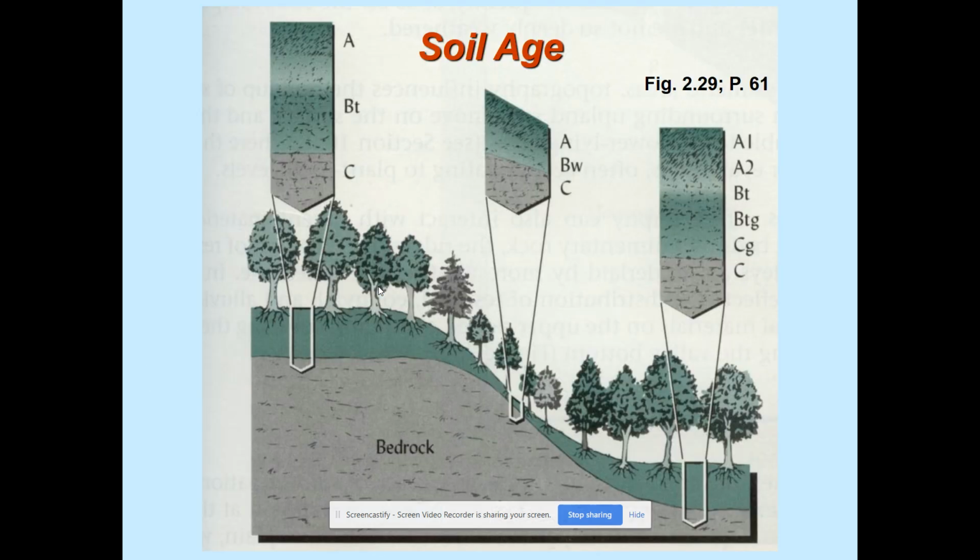So if we take this picture here of a landscape where you're looking at the top of the hill towards the left, and then the sloping part kind of in the middle, and then the bottom of that landscape on the right, you can see that at the top we have a much more developed soil than we do in the middle.